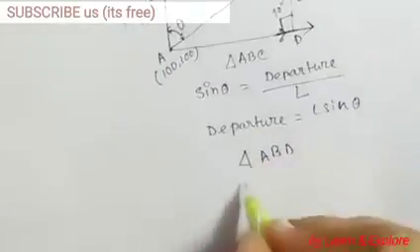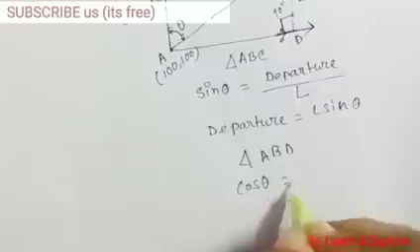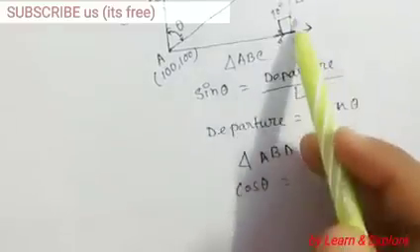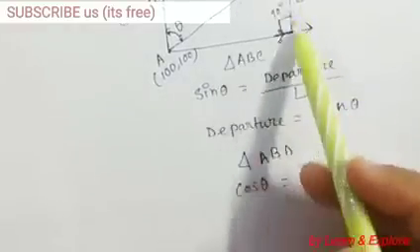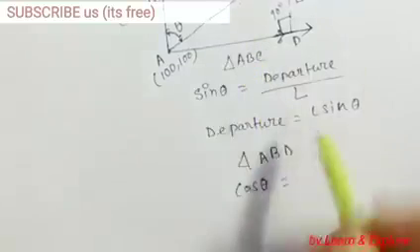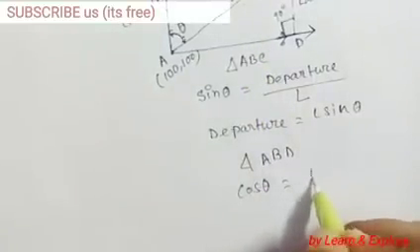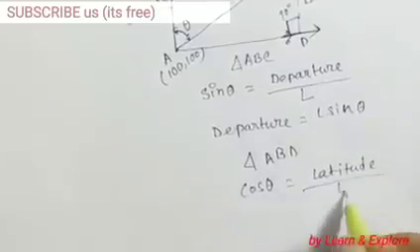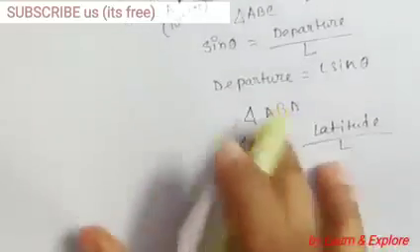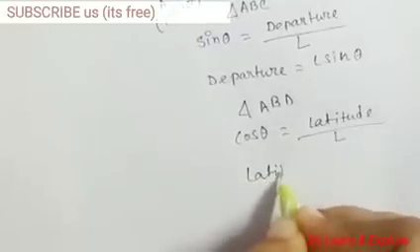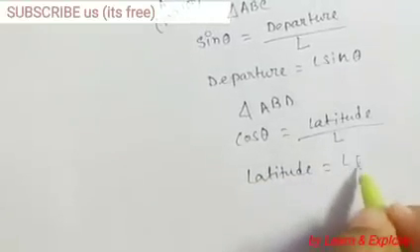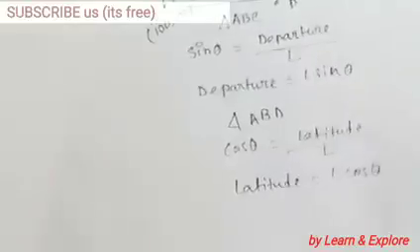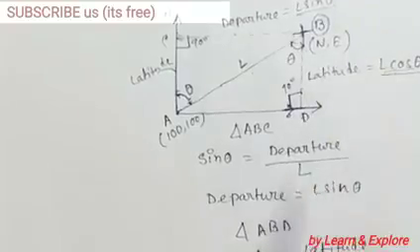Cos theta is equal to base by hypotenuse. The base is latitude, whose value we have to find out, and the hypotenuse is L. So latitude is equal to L cos theta. From this calculation we have L sin theta and L cos theta.